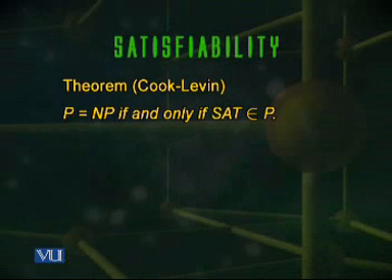Once we establish that satisfiability is NP complete, that would be an extremely important result. One of the consequences of that result would be, of course, the following theorem of Cook and Levin, which says that P is equal to NP if and only if satisfiability is in P. So, to separate the class P and NP, all we have to do is find out if satisfiability is in P or not.